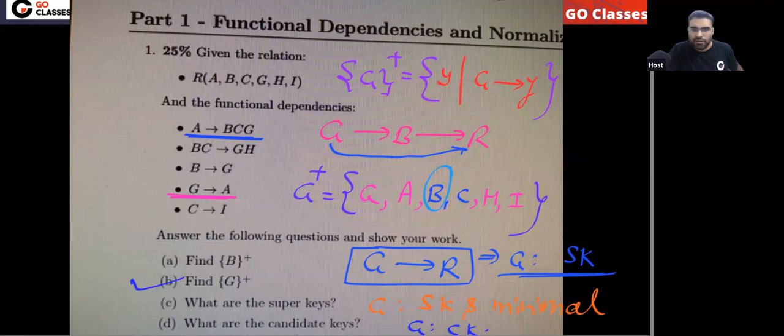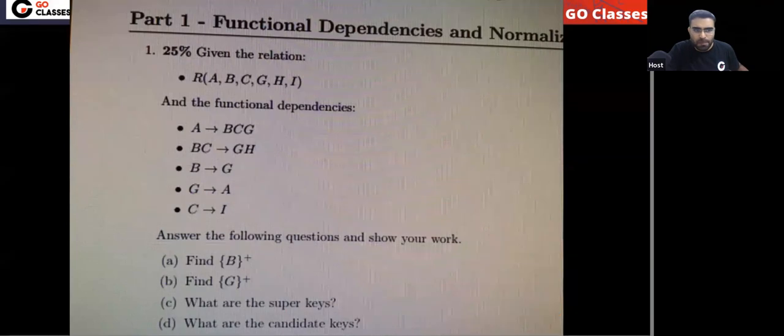Okay, very simple, right? Now tell me one more interesting thing. B is a super key and G is a super key. These two are super keys.